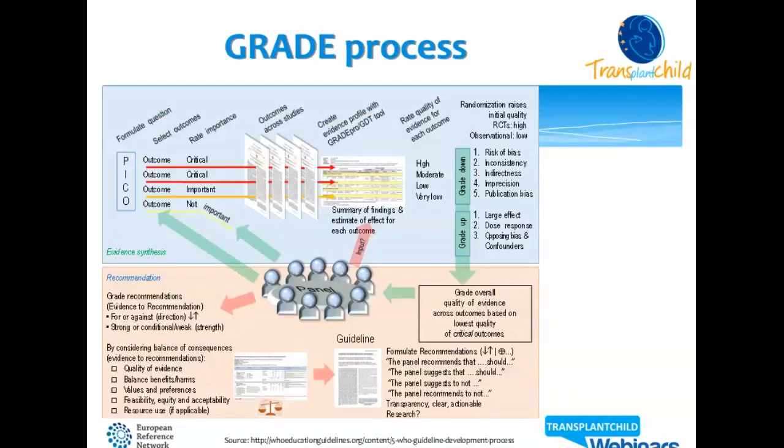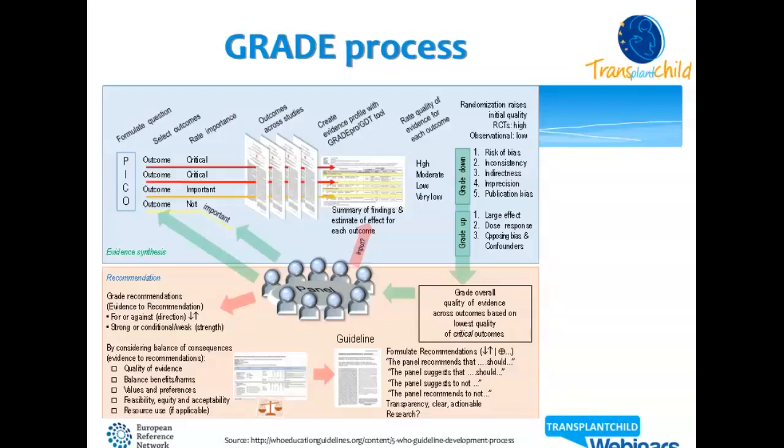So you will see in the training that the clinical guidelines can be developed using different processes or systematics. We are going to use the GRADE process because we think it is the best one. We think it's very systematic, very well designed, and easy to fix everything.